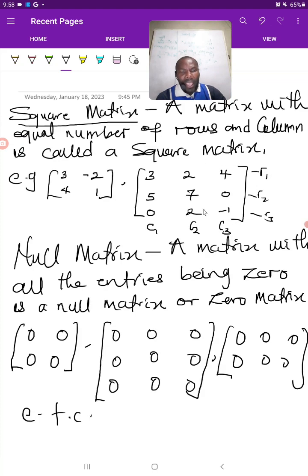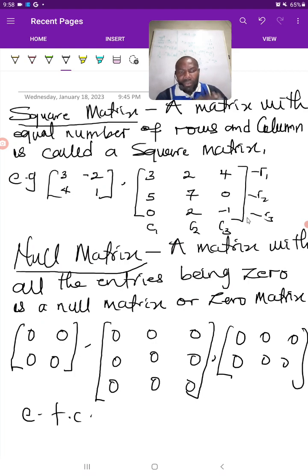So it has 3 rows and 3 columns. That's why we call it a square matrix. The last type, before we go to some examples, is the null matrix. A matrix with all the entries being 0 is a null matrix or zero matrix, whereby it has no values other than 0. So that's why we call it a null matrix.